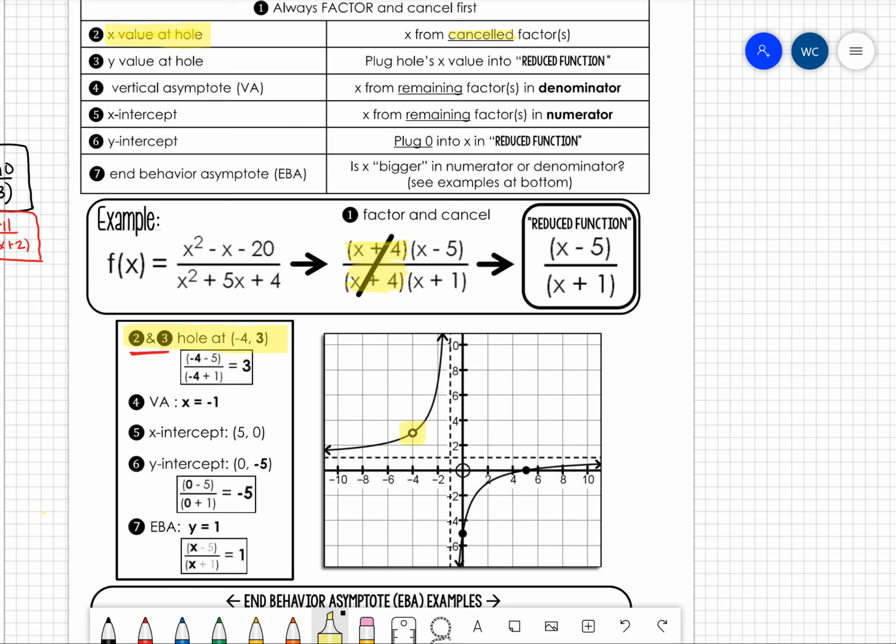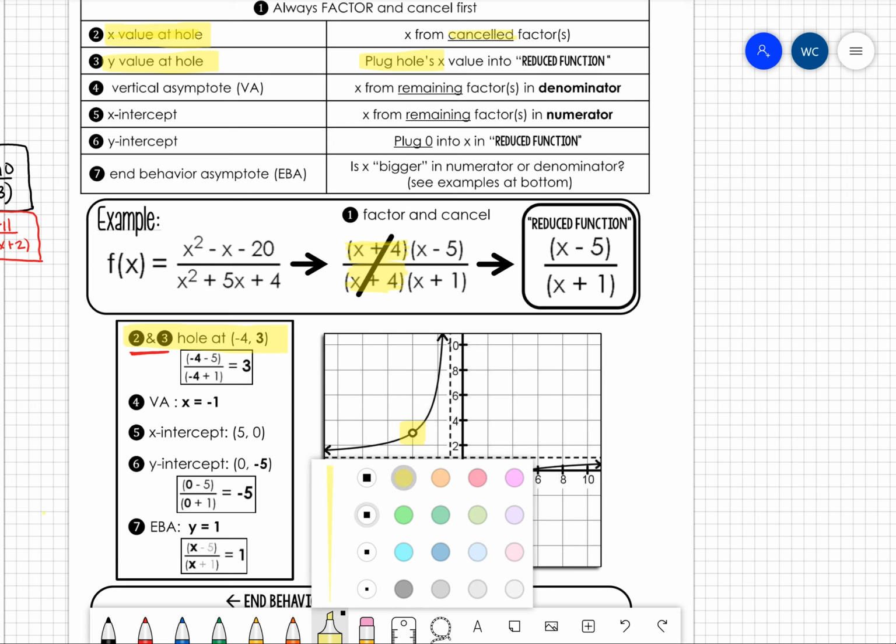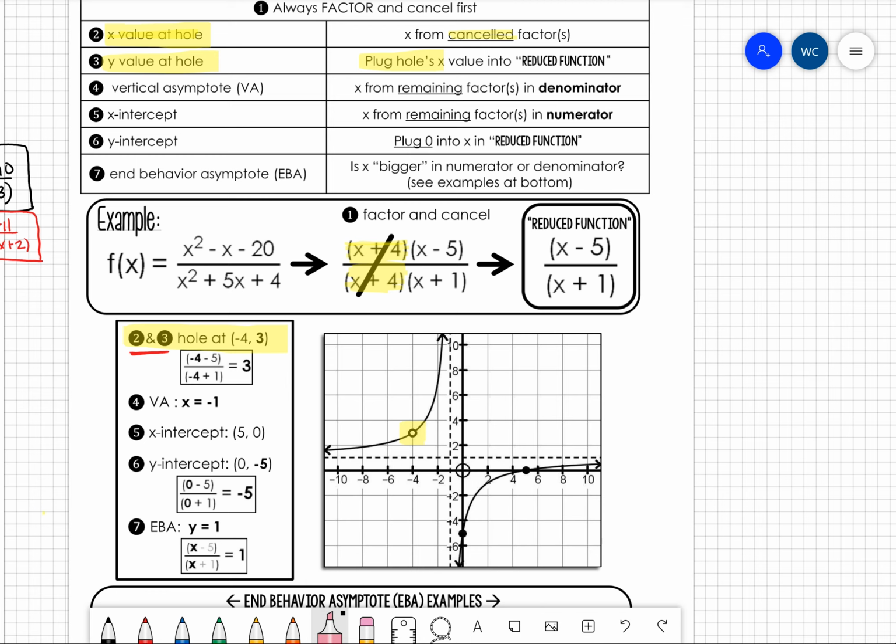Now, we're going to talk about the vertical asymptote. Let me change my colors for this one. So for the vertical asymptote, you take the remaining denominator, that x plus 1, and it becomes your vertical asymptote.